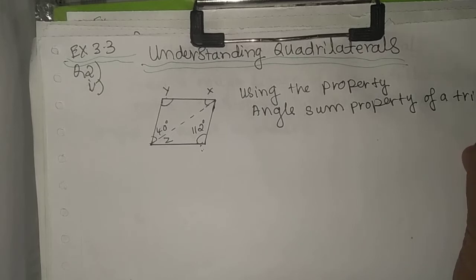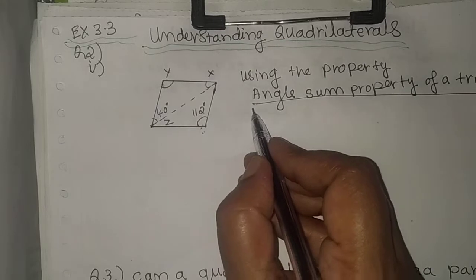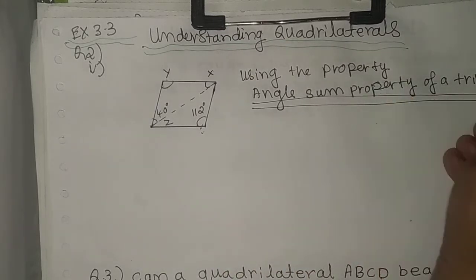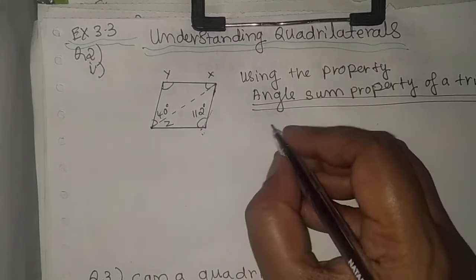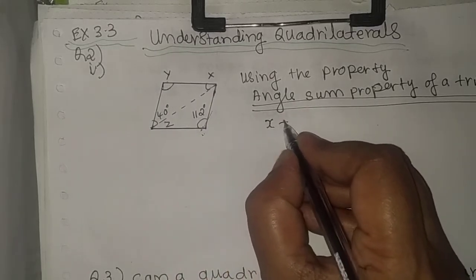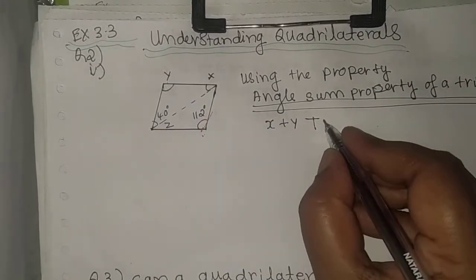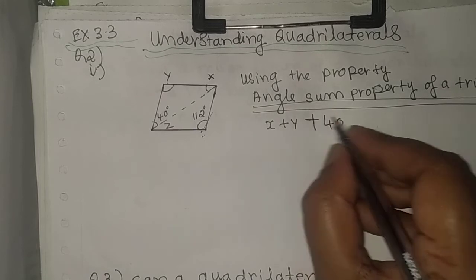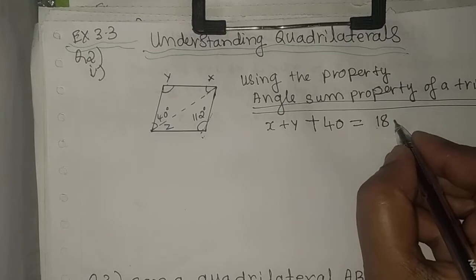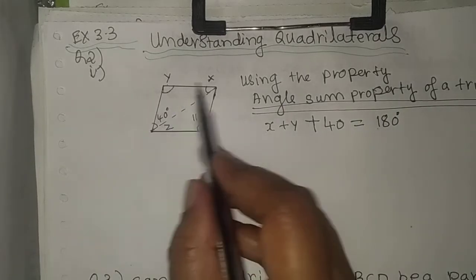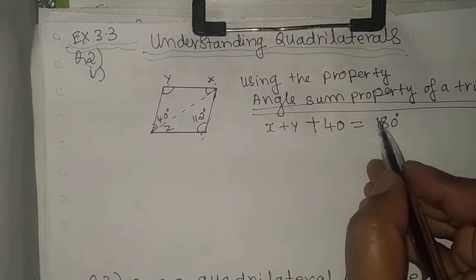As we know, the parallelogram contains two triangles, so we are using the angle sum property of a triangle. Adding all the angles, x plus y plus 40 is equal to 180. This one, x plus y plus 40, becomes a triangle which is equal to 180.